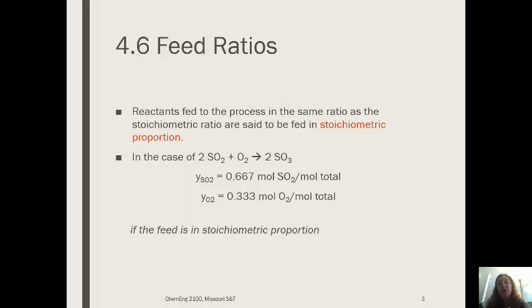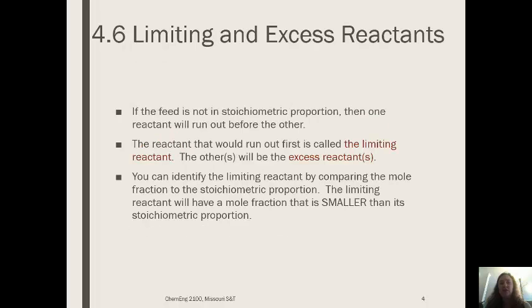That means I need 3 molecules for this reaction to happen. 2 of those 3 need to be SO2, so therefore 2/3 or 0.67 is going to be the required mole fraction of SO2 in the feed for stoichiometric proportion. O2, of those 3 molecules, I need 1 to be oxygen, and so therefore 1/3 is going to be oxygen for stoichiometric proportion.